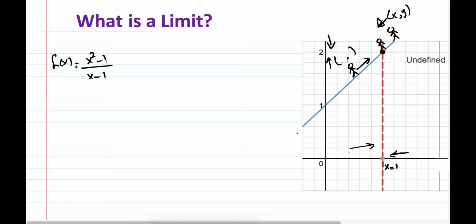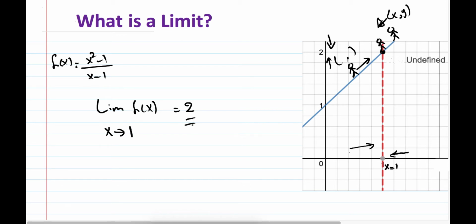So how do we denote this? What is the notation for a limit? We say that the limit of f of x, for example of this particular f of x, as x approaches 1 equals 2. As I approach x equaling 1, my y values get closer and closer to 2.